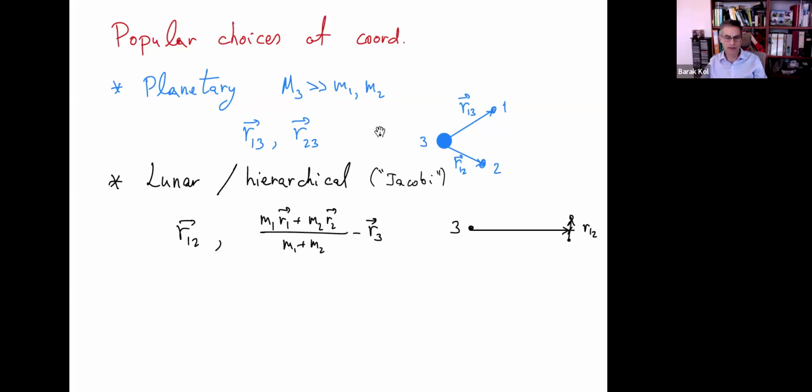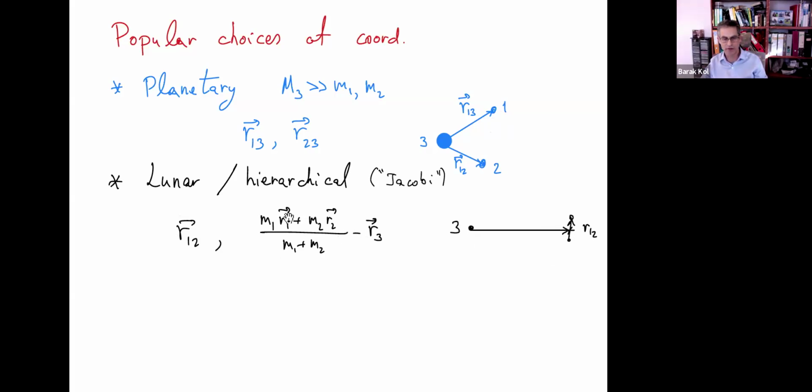The other possibility is what may be called lunar coordinates, and they're known as Jacobi coordinates. We take R12 to be close, and then we keep them as one coordinate. And the center of mass of the binary system, we take its distance to 3.